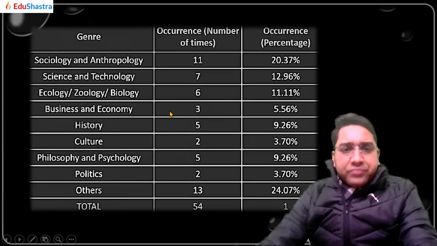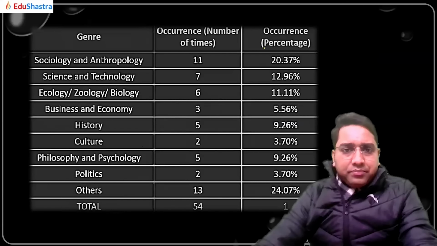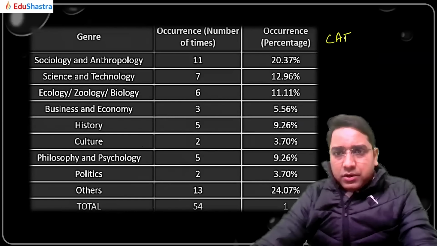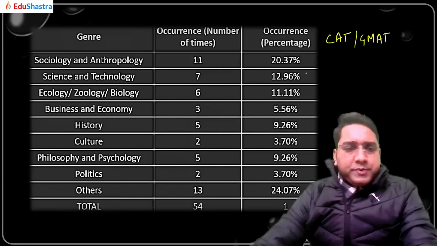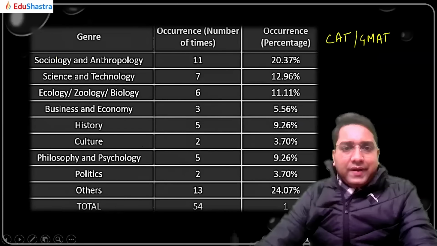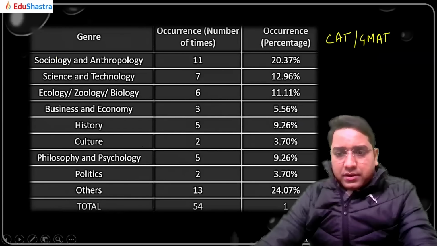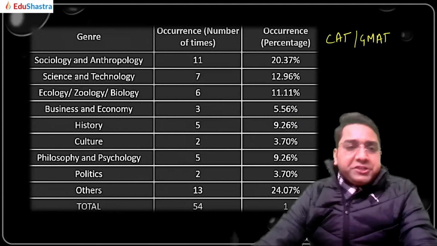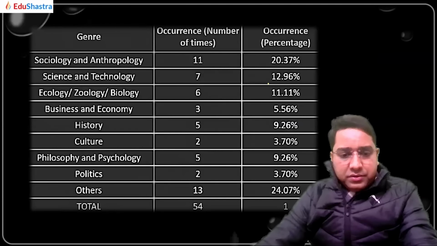See guys, first of all, let me just tell you that especially in CAT exam or in other exams like GMAT, especially in MBA exams, the ratio of the questions from which field is there. This is what I'm telling you. It's not just that we have started the class and we will be jumping on the questions and I'll be telling you tricks and methods to solve these questions.